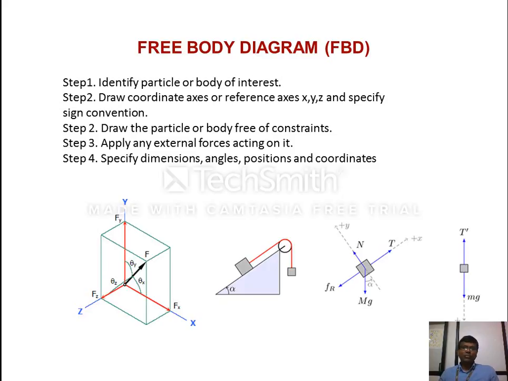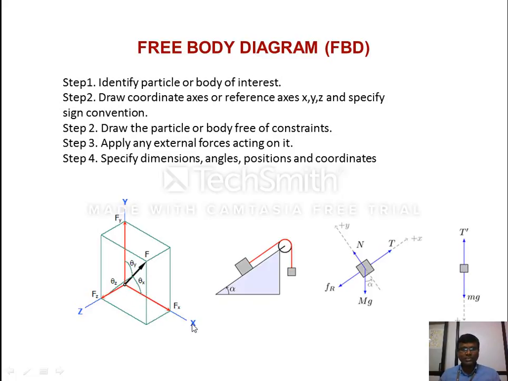Now let's talk about the free body diagram. First, look at the coordinate axes: x-axis, y-axis, z-axis. If the force is acting in the direction of the y-axis, along that direction, it is positive. Similarly, forces acting in the z direction are positive, and in the x direction are positive.